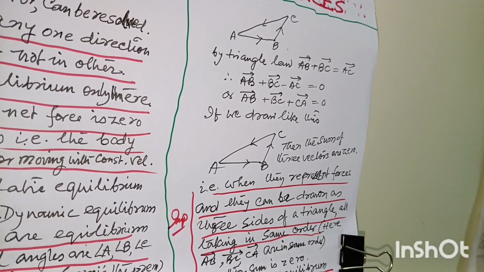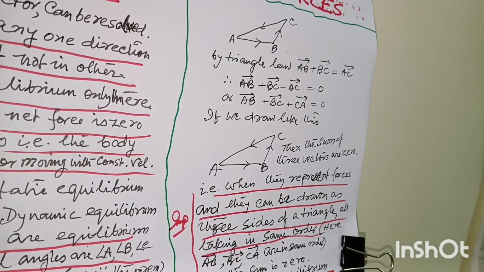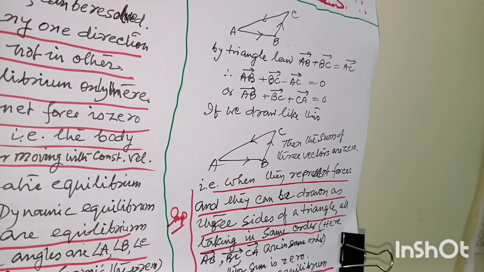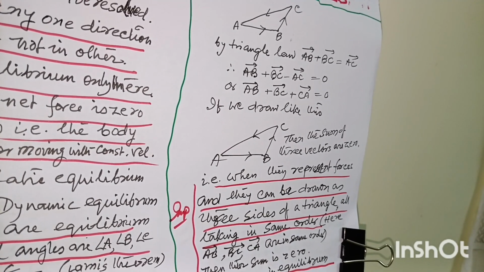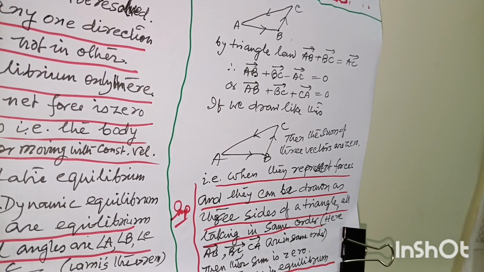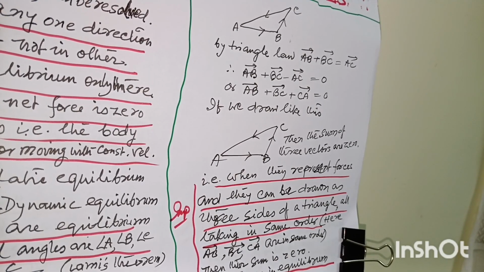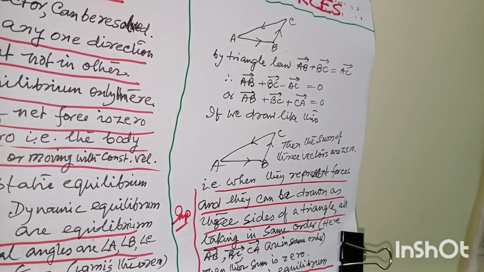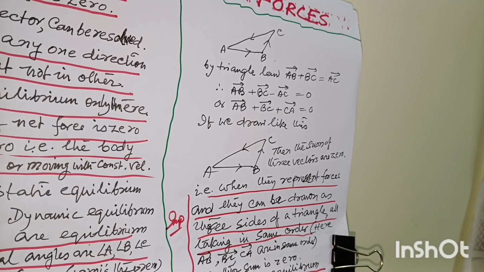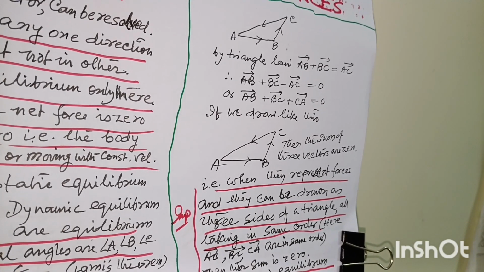That means if we draw this triangle again, we will get the diagram below. In that case, AB, BC and CA are all in the same order. You just note, earlier AC was in reverse order, but CA is in the same order.